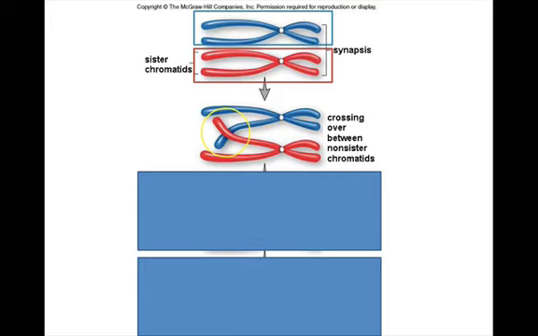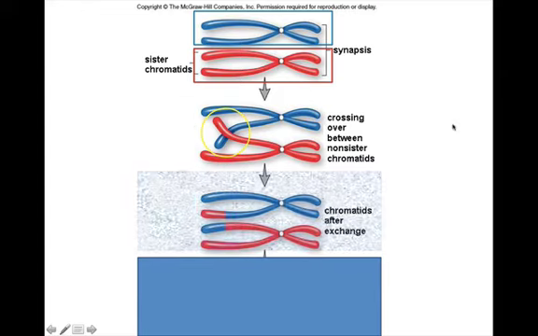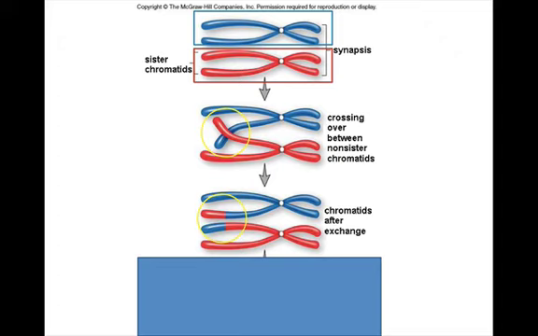Crossing over occurs when non-sister chromatids touch. So we see this red leg is touching this blue leg, as you can see in the circle I provided for you. When they then return to their original position, they have gained genetic material from the non-sister chromatid. Okay, they trade.